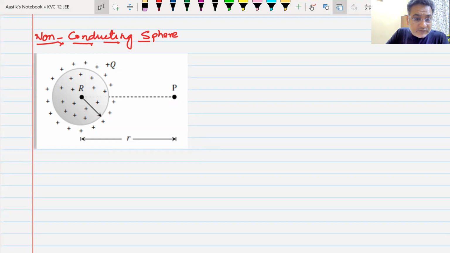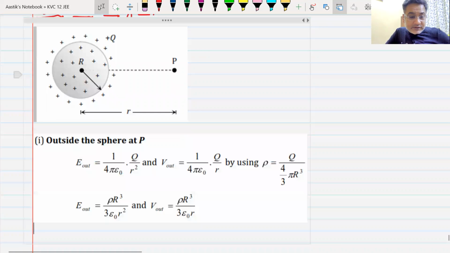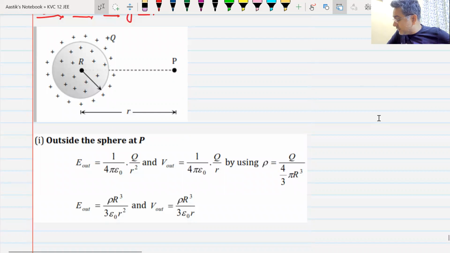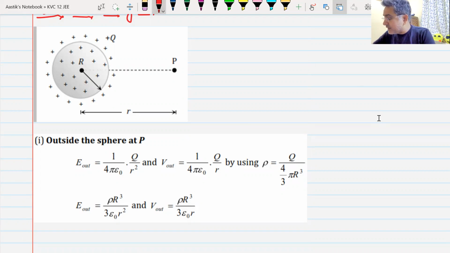Outside the sphere, we all know the electric field, and in this formula, I have written the electric field in all the possible forms. Outside electric field, if you can remember only one form, that is good enough. KQ by R square, good enough.